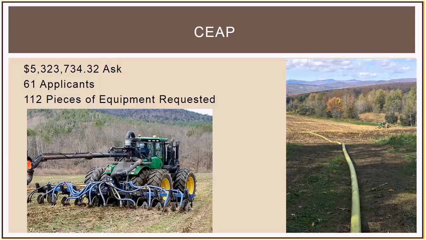Currently, no, but we do take past performance and capacity into account when ranking. So one, do they have the capacity to provide the reporting materials that we require as far as where has this equipment been used, on how many acres, and for what purpose. Currently, we have caps in BMP, but they are separate programs in the sense that you could apply for both and you could be approved for both depending on the quality of your application and proposal.